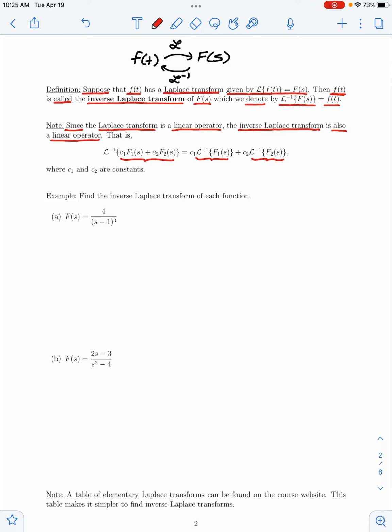So before we look at some examples of finding inverse Laplace transforms for some different functions, I'll mention in your textbook, as well as on the course website, we have a table of some elementary Laplace transforms, which will be extremely useful throughout Chapter 6, and in particular for finding inverse transforms.